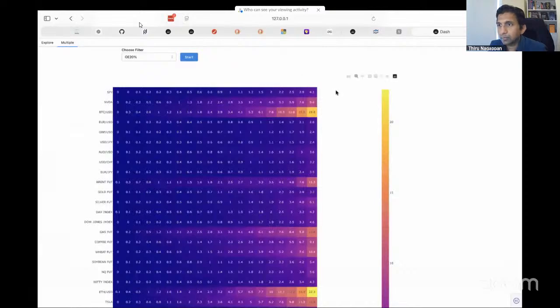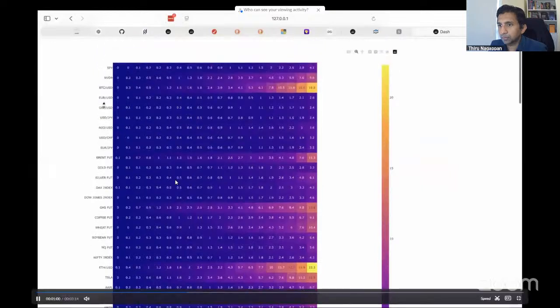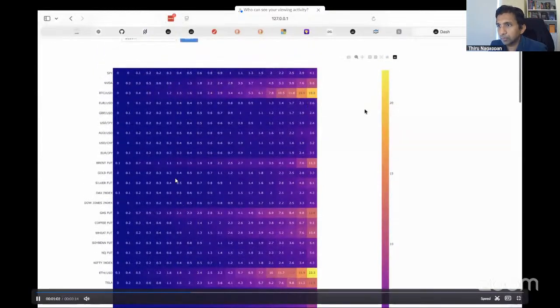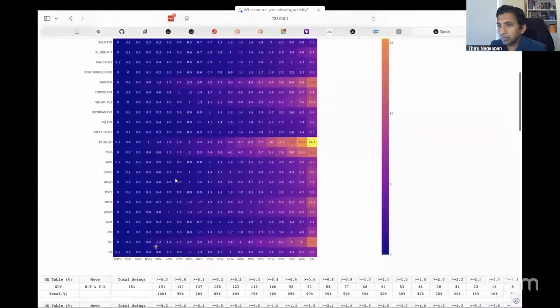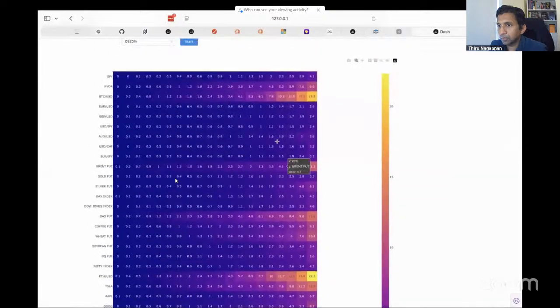So here we go. The y-axis, of course, is each individual product. So every row is a different product, and the x-axis is the percentage of time that the product reaches a certain distance, and the distance is measured in percentages as well.